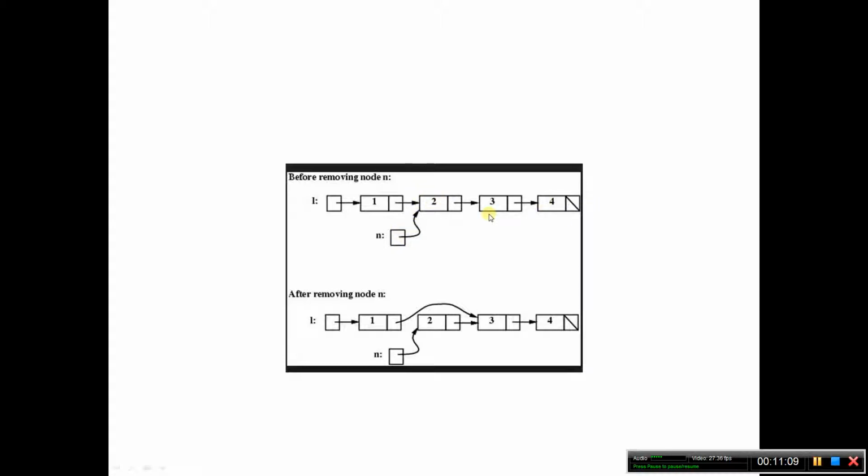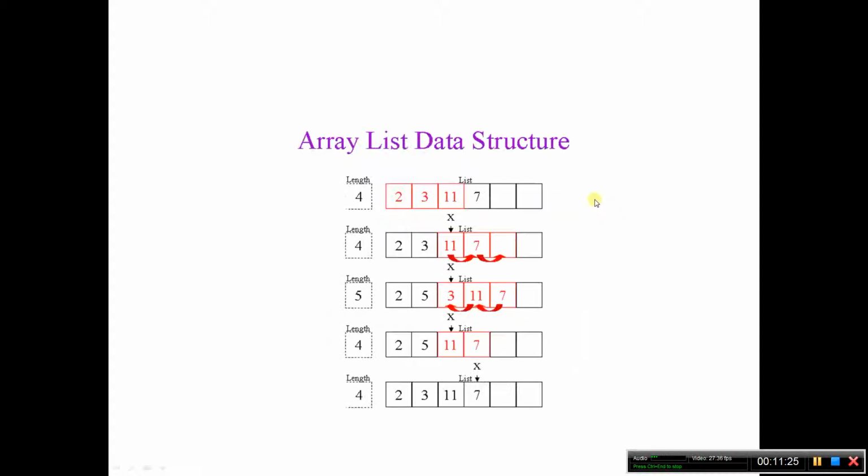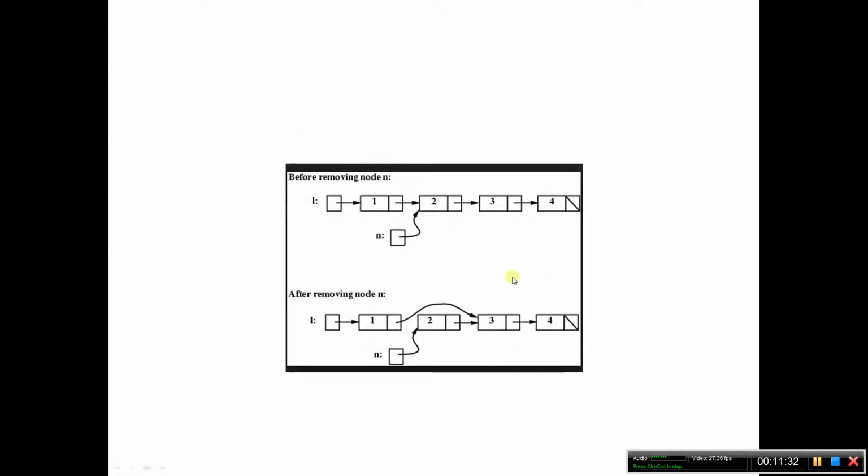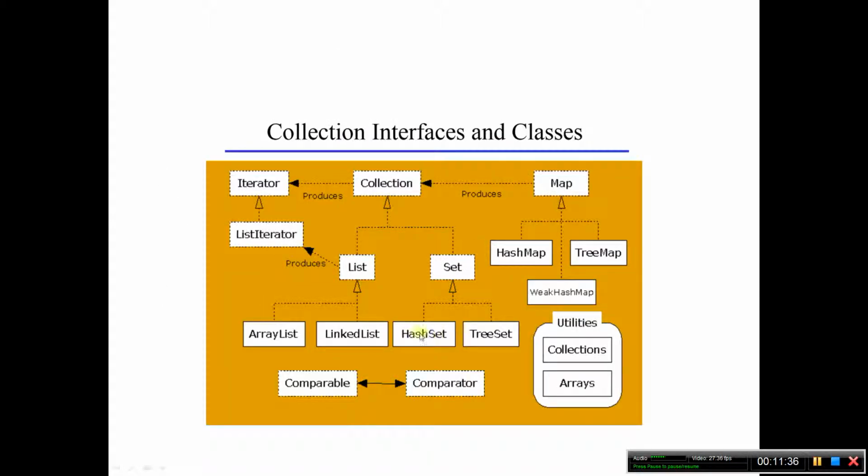We don't have to shift the elements towards the right side again, unlike in an array list. So that is how linked lists are good in terms of insertions and removals, but they are not good for traversal, that means iterating through the elements. But array lists are good in traversing, but they are not good for insertions and removal. So that's all about the theoretical concept of array list and linked list.